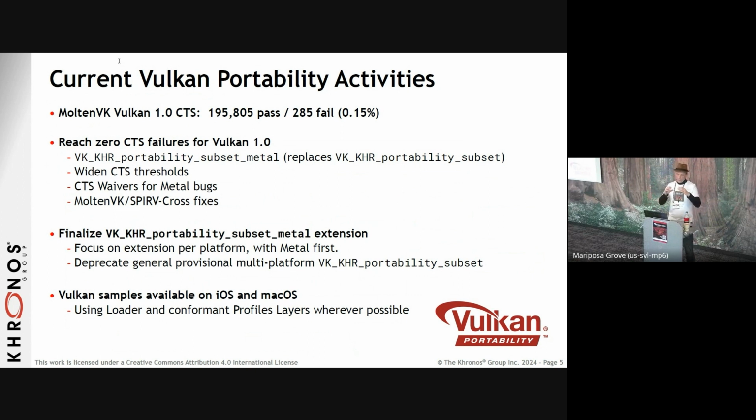Let's just ask, what are the flags, what are the queries we need to solve to be able to find out the conformance level of a platform that is just running Metal. So the provisional portability subset extension is going to get replaced with a finalized and concrete subset Metal extension. So it'll just be querying for Metal functionality.